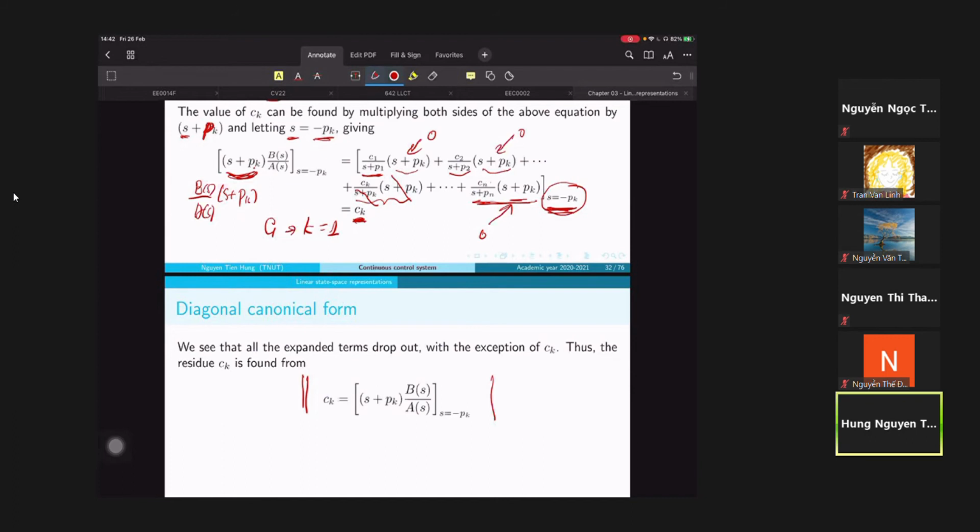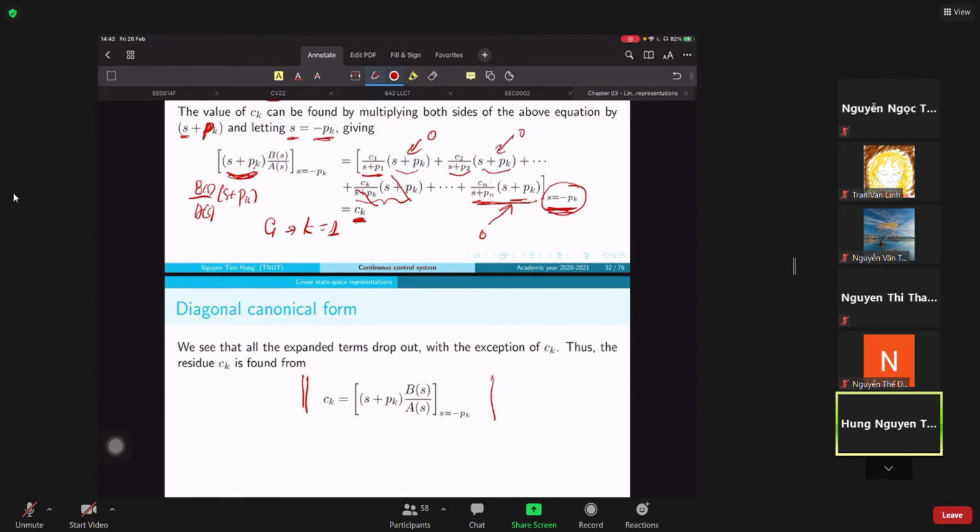So C1 is just multiply the system by s plus 1, so we eliminate s plus 1. So we got s plus 2 divided by (s plus 10)s.